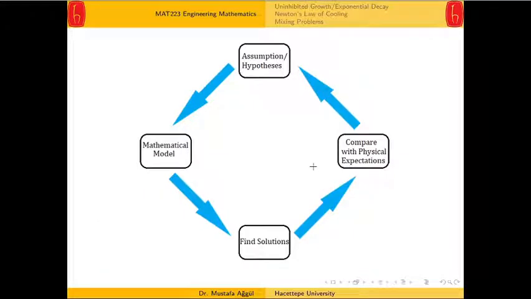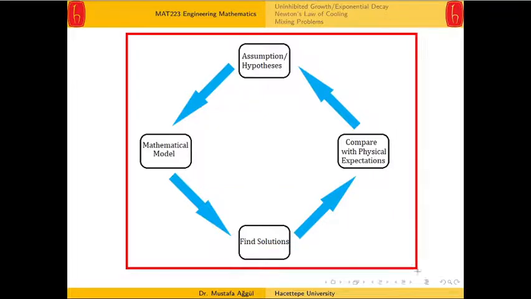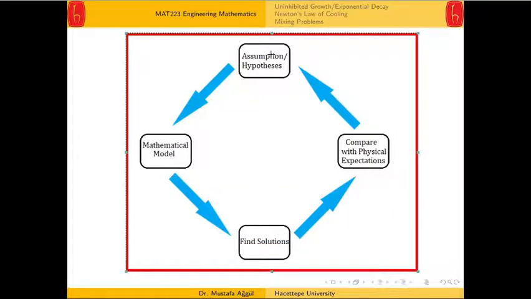First, the algorithm for modeling: we start with an assumption or hypothesis for the real life or physical problem. Then we use these assumptions and hypotheses to come up with a mathematical model, and then we solve this mathematical model and find solutions.